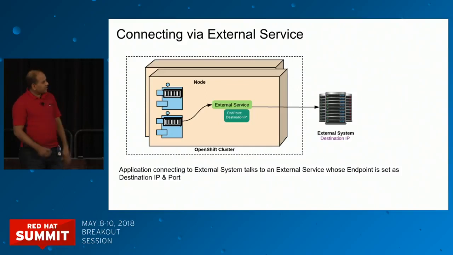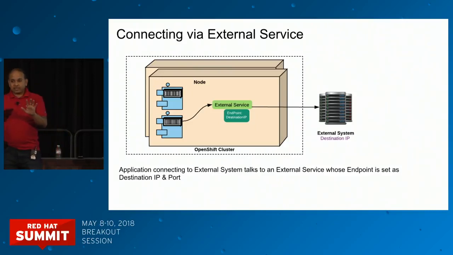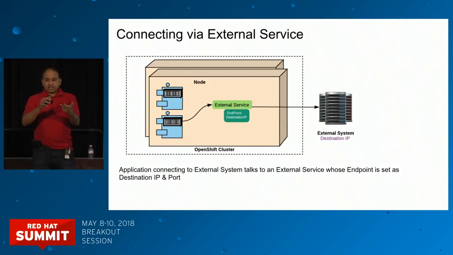The better way to do that is create something called an external service. What is an external service? Every service, and I was assuming that you know how a service works, has a selector, and the selection mechanism based on the labels selects the pods that it is front-ending.